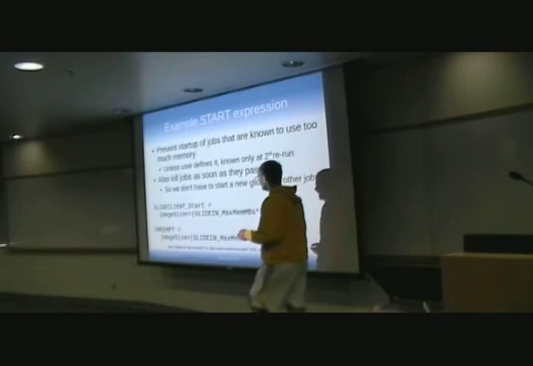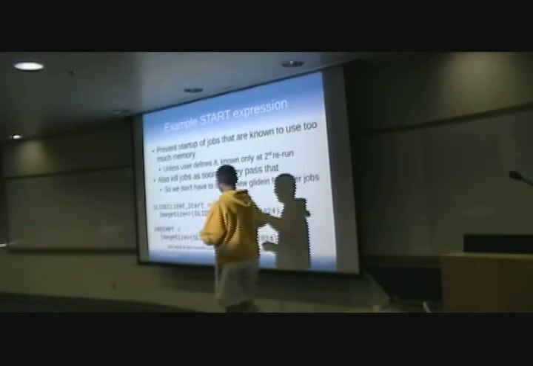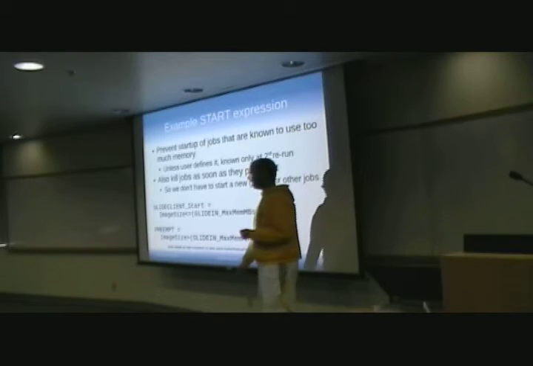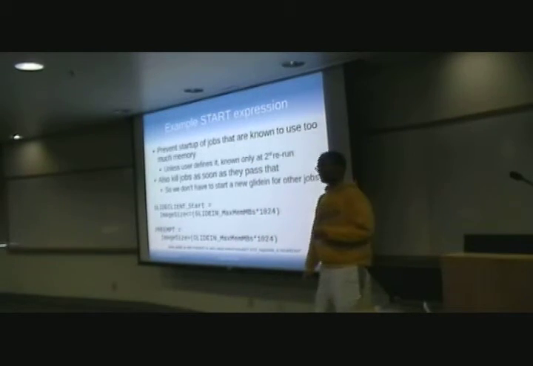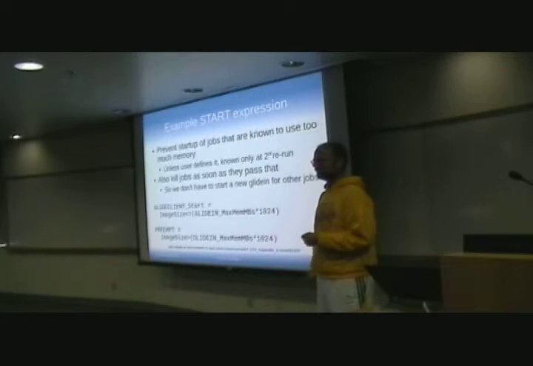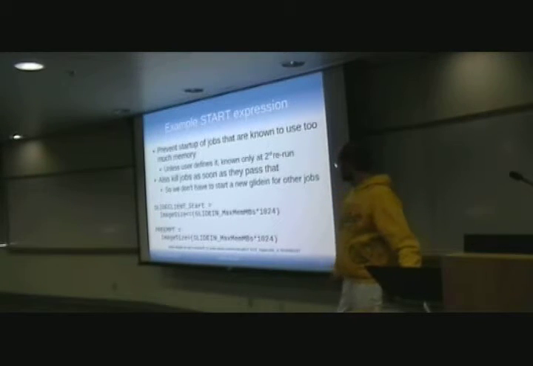And if it reached past a certain size, it was killed due to memory. So don't start it again. And this is how you do it. You can even be proactive and actually kill them the moment they hit that limit. Preempt should be the right attribute, right, to kill a job as soon as it reaches that limit. Hopefully the image size is not growing too quickly, because in that case Condor may not be able to catch it before the site catches it. But yeah, that's a good approximation.